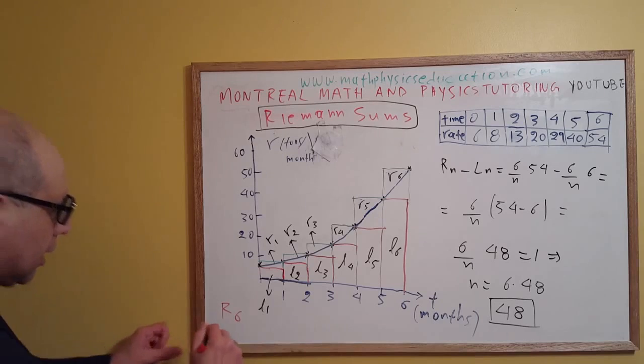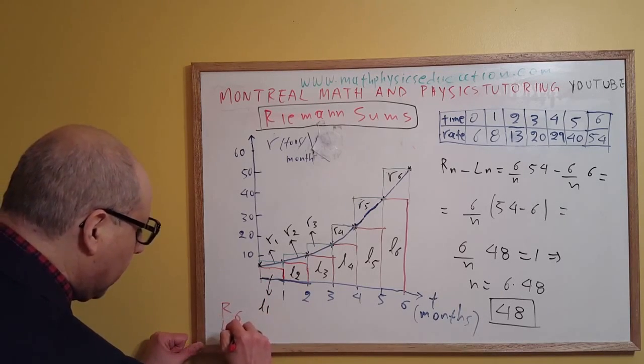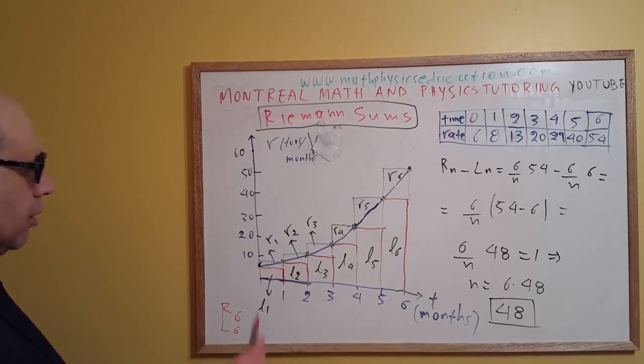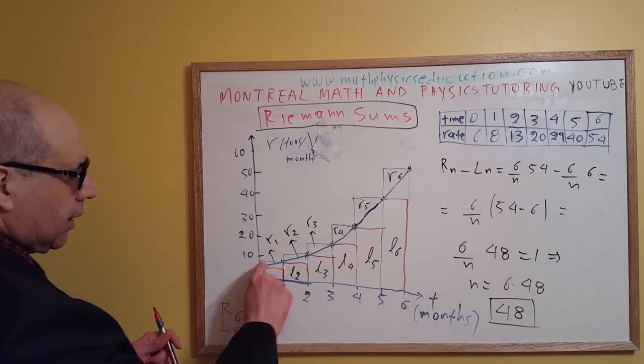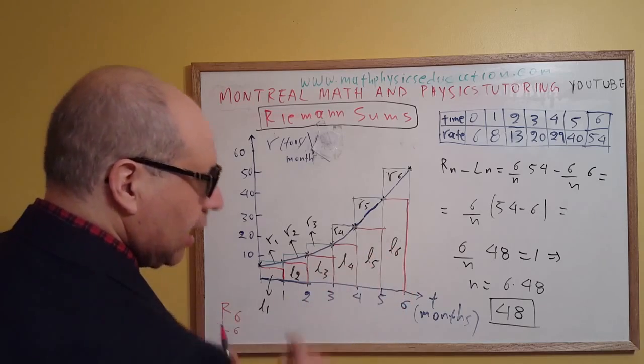If you take L6, that will include the smaller rectangles, L1 through L6.